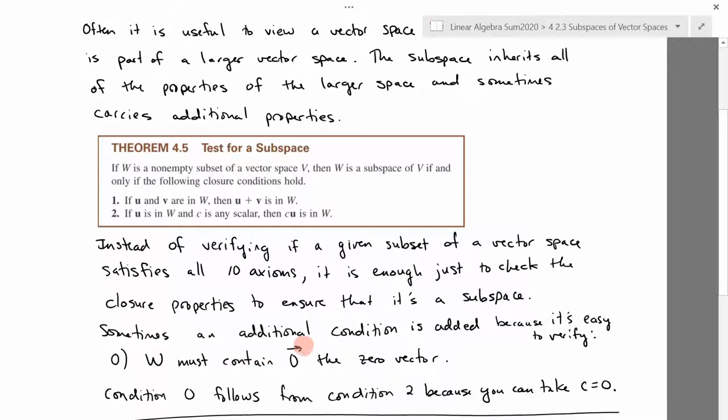However, this condition isn't necessary, because from property 2, if you take C to be 0, then 0 times any vector is the zero vector. So the fact that a subspace contains the zero vector follows from condition 2.